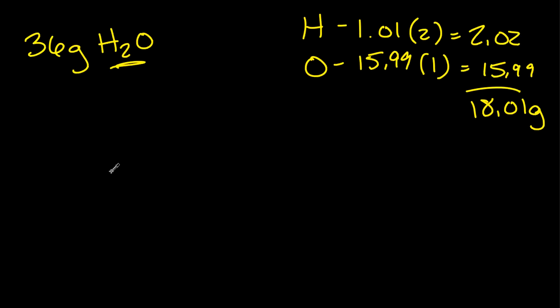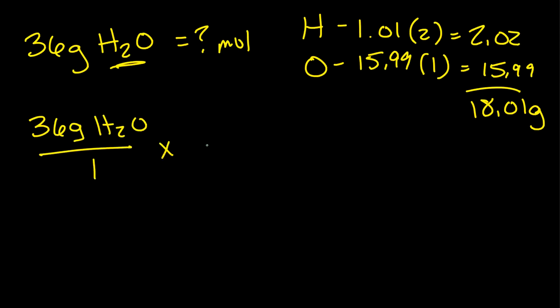So if I got 36 grams of H2O, and I want to know how many moles that is, I just set up my proportion. So 36 grams of H2O over 1 times that ratio. Grams is on top again, so grams needs to go on the bottom to cancel out. I'm trying to change it to moles. So 1 mole of water is equal to 18.01 grams.